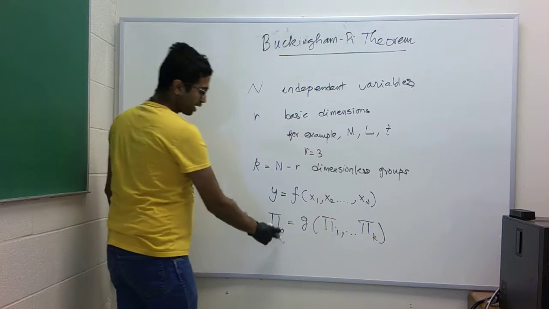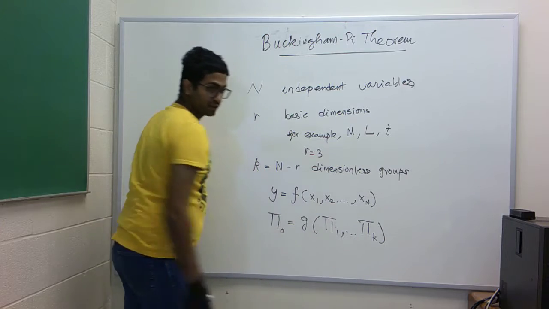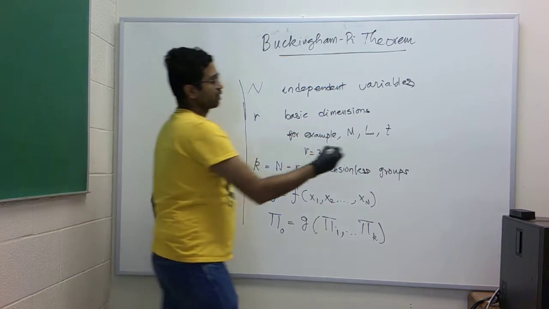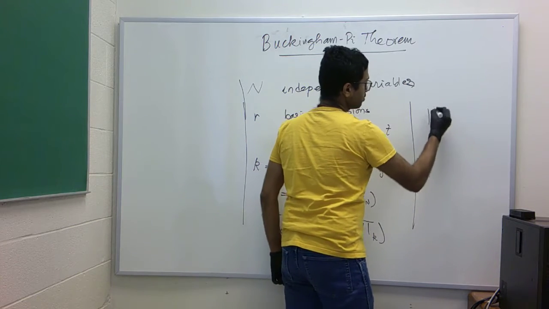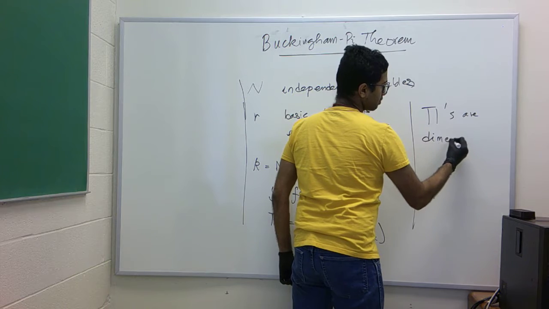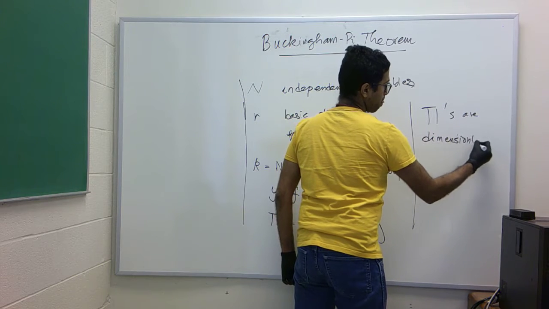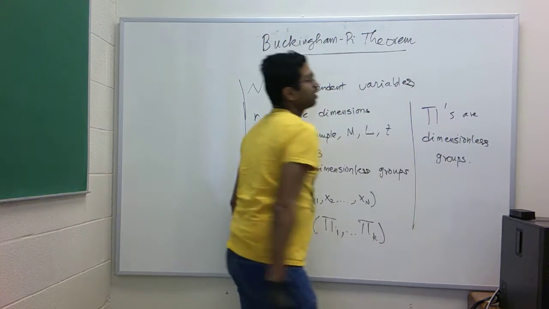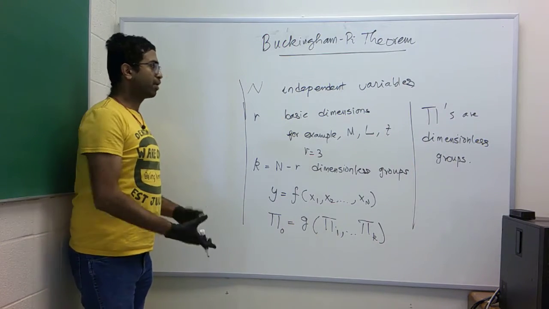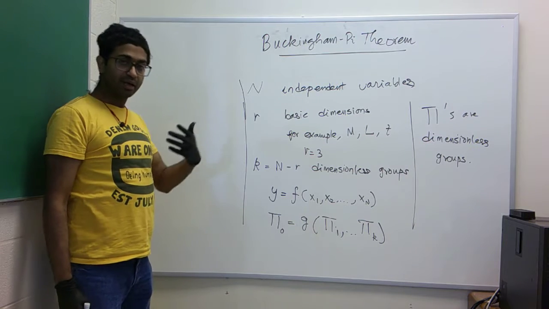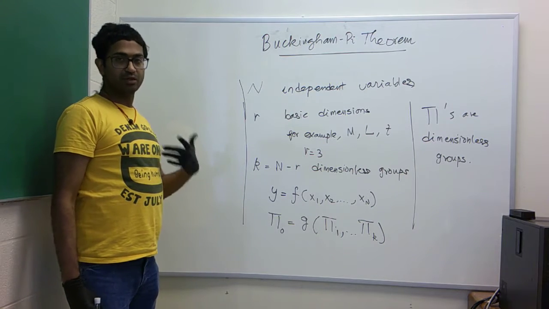Now all these pi values, pi 0, pi 1, pi 2, etc., are dimensionless groups.